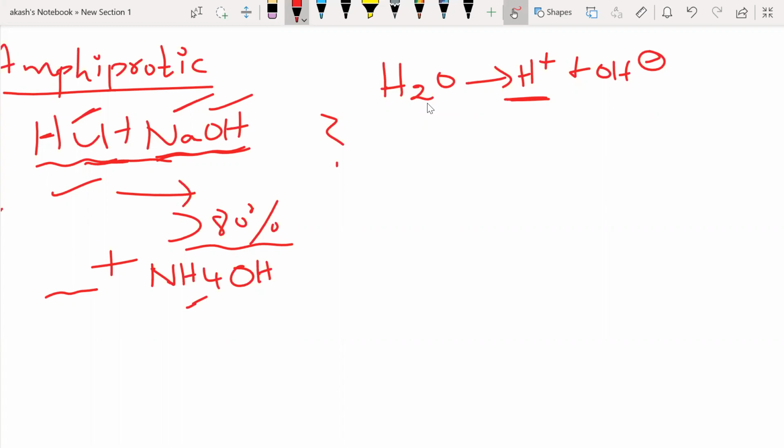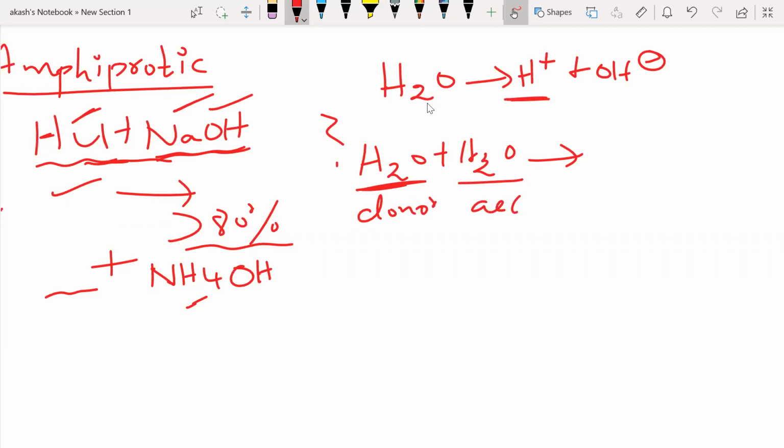So what is a better way of writing then? A better way would be to take two water molecules, one going to act as an H plus acceptor and the other as an H plus donor. If this molecule is going to act as the H plus donor, and both are H2O molecules, and this is my acceptor molecule, then if I remove H plus from the donor, what remains is OH minus.